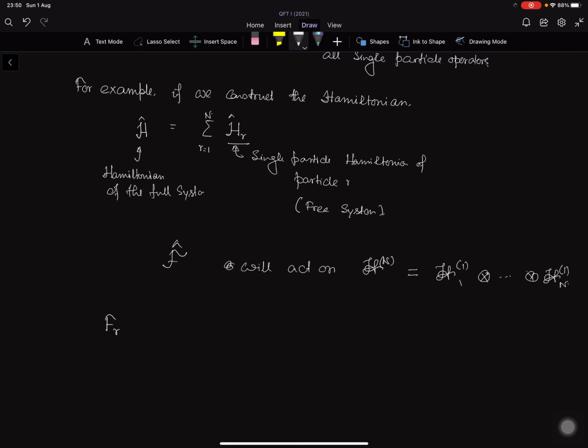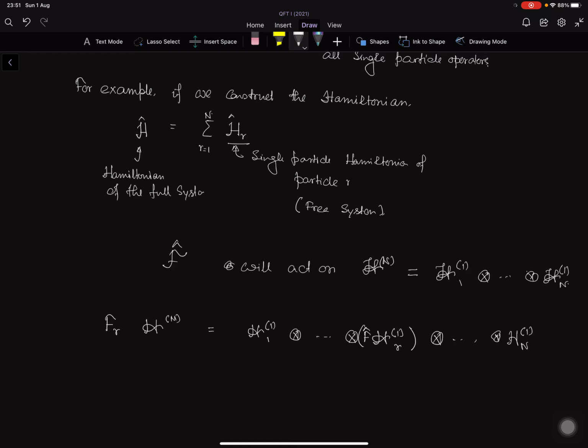The way f of r will act is that it acts as the single particle operator on the rth Hilbert space, the Hilbert space of the rth particle, and on any other Hilbert space it doesn't do anything, it's just identity on the Hilbert spaces of the other particles.